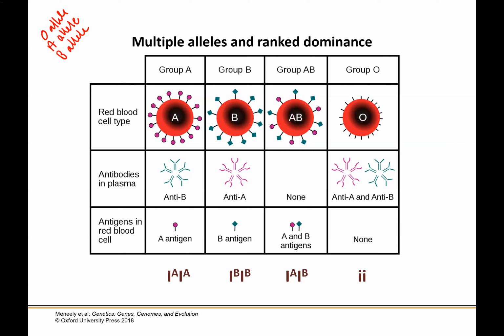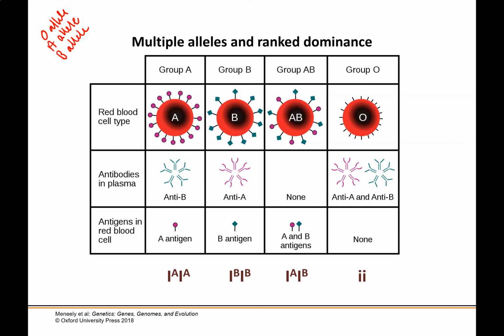Now there's a fourth group I haven't mentioned yet, and that is the AB group. If you are blood type AB, you are going to have the A and the B antigen. Now here is where we start to see some different types of dominance going on.